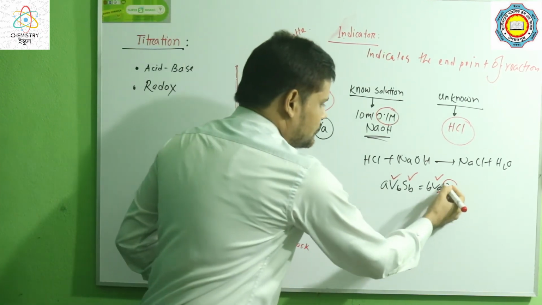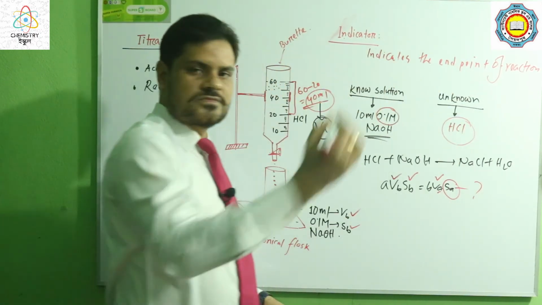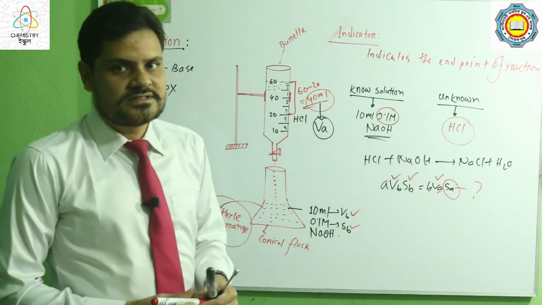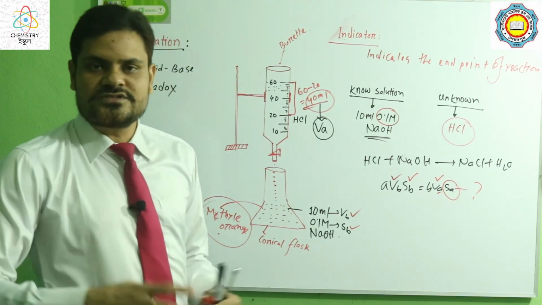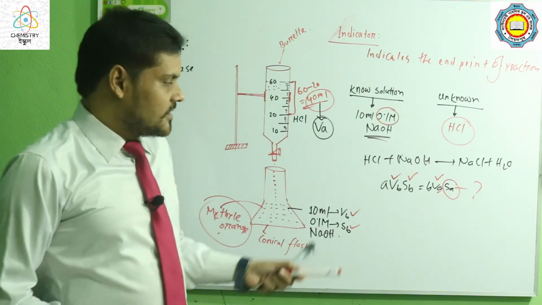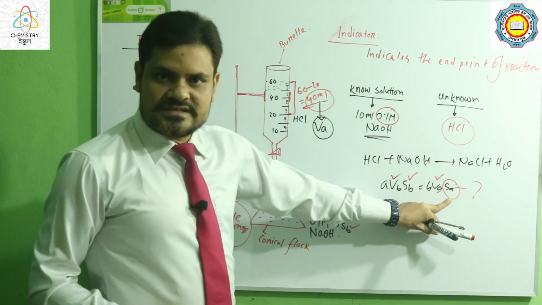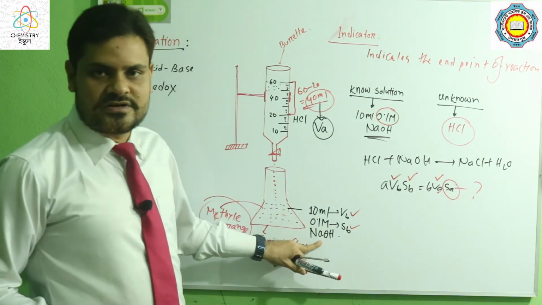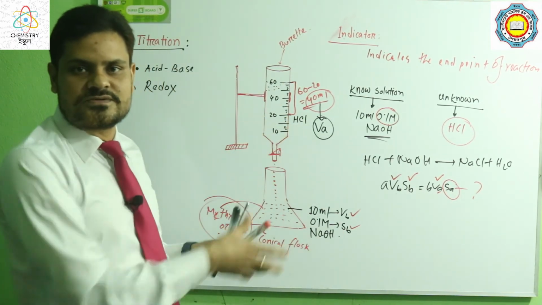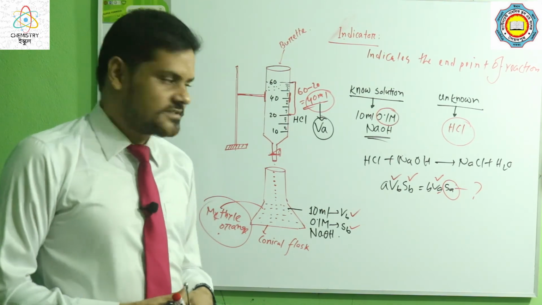Our target is to find out the concentration of the acid. By using this equation, we can easily find it, determined using the sodium hydroxide solution. This total process is called titration, dear learners.